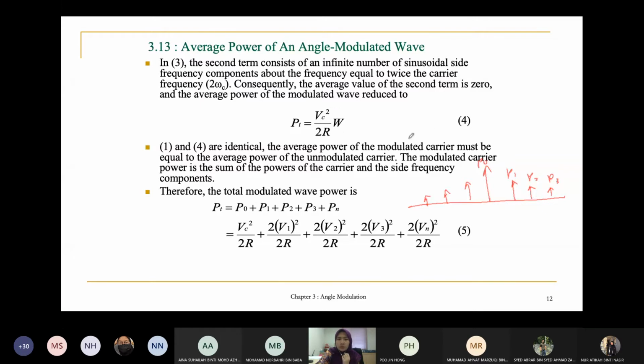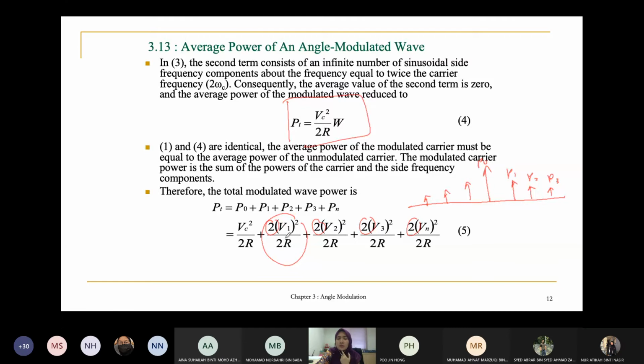This is the formula for each of the sidebands. For example, if you want to calculate P1, you need to use 2 multiplied by V1 squared over 2R. Why do you need to multiply by 2? Can you see over here, this one is multiplied by 2, this one, this one, and this one as well, whereas the carrier equation is only Vc squared over 2R.